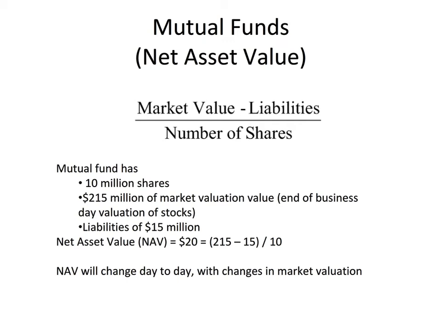So on each given day, net asset value will be calculated for a share in a mutual fund, and that net asset value will equal the market value of the assets minus liabilities, divided by the number of shares. If the fund is composed of stocks, the market value would be the number of shares owned of those stocks times their market value as of that day. Given this, the net asset value will change from day to day due to changes in market valuations of the investments in the mutual fund.